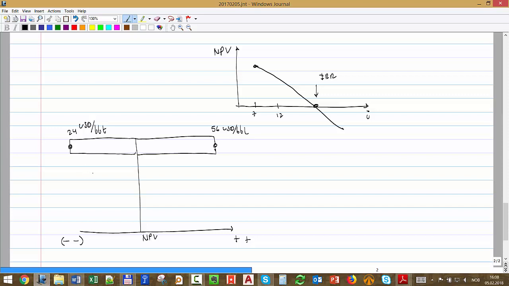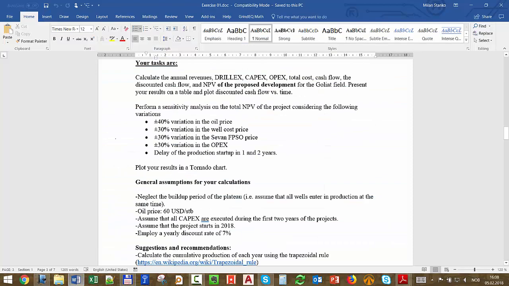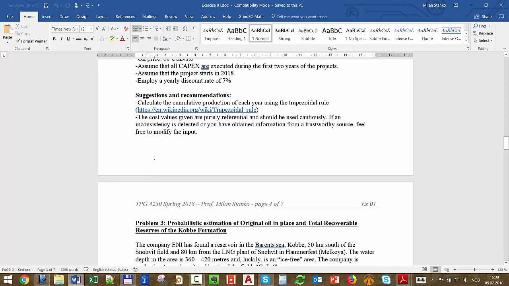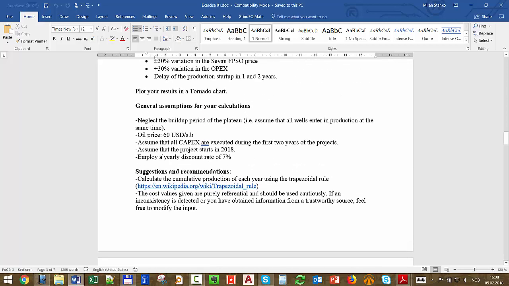And also for other factors, for capex. Okay, clear on that problem? Yes. Expenses per year, like I say, at the end of the exercise, the cost, everything is very simplified.